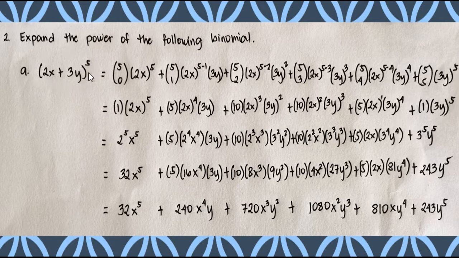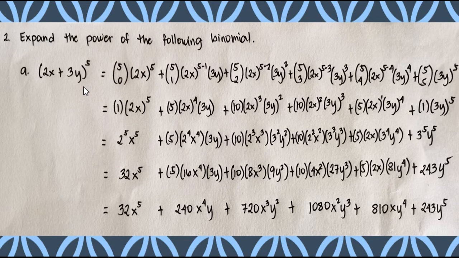So, we will expand this. As we learned previously, power of 5 means we multiply it five times. So, that is 2x plus 3y times 2x plus 3y times 2x plus 3y times 2x plus 3y times 2x plus 3y. So, five times. If we use the FOIL method on each, our solution will take longer and be much longer. That is why we have the binomial theorem, so our solution is shorter.